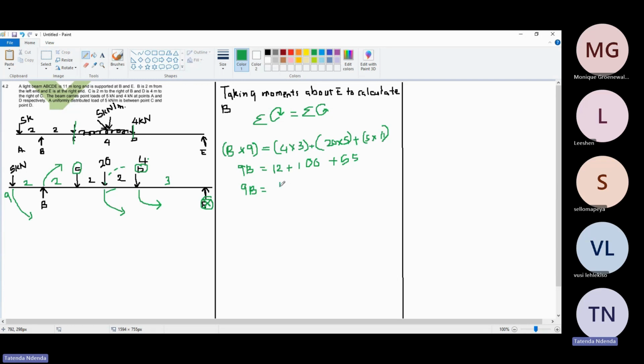167. Yes. Then we divide both sides by 9. This one cancels. Then B is equivalent to 167 over 9. How much is 167 over 9?